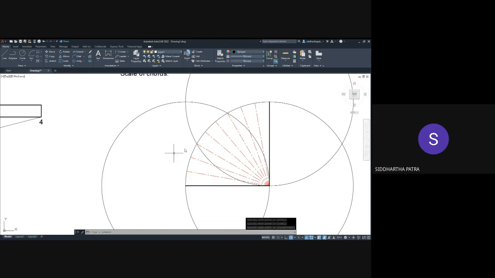So what you can do next is, now you can draw circles or circular arcs to measure the chord length.